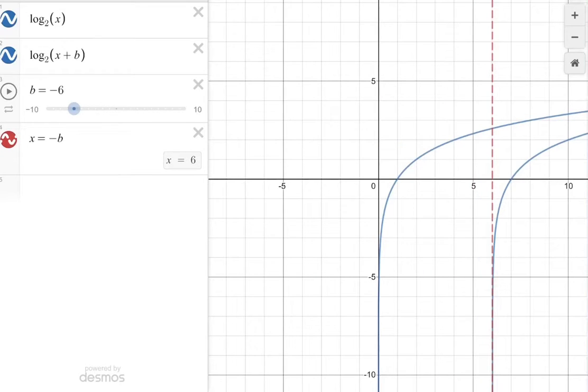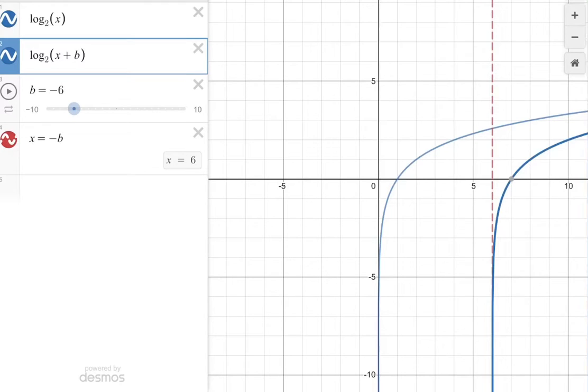If we shift the graph over to the right by 6, then our vertical asymptote is at x equals 6. So the new domain for this graph is anything greater than 6, so from 6 to infinity.